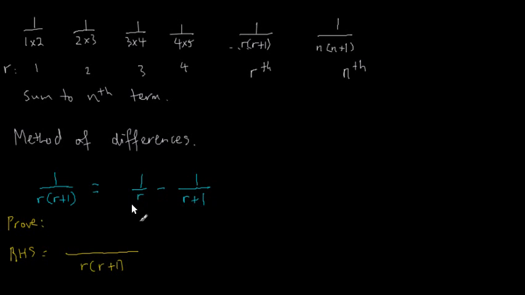So just multiply the two, and then for the numerator, I would take 1 times r plus 1, and for the other one, 1 times r, and then I subtract them. And as you can see, the r and r cancel. I'm left with 1, which is just the same as the left hand side. Okay, so I've just proved that this is indeed correct. Now that we have obtained this, we are ready to apply the method of differences.